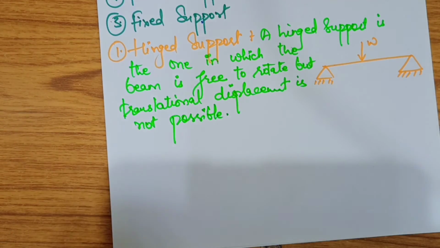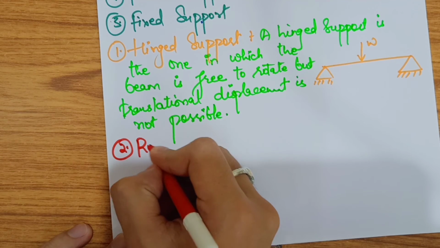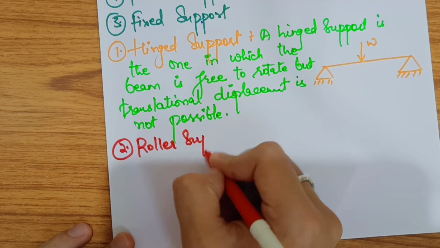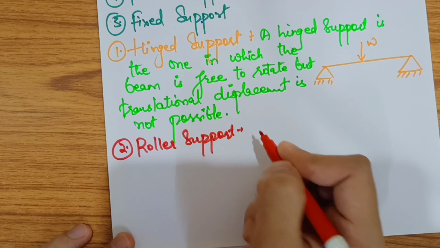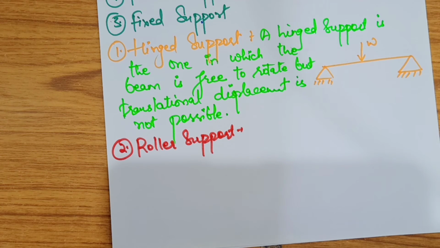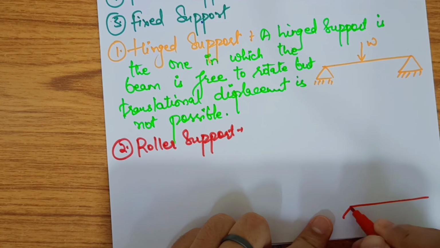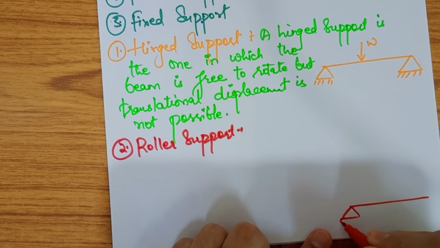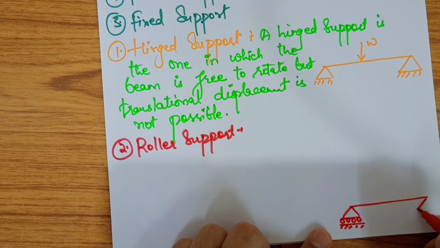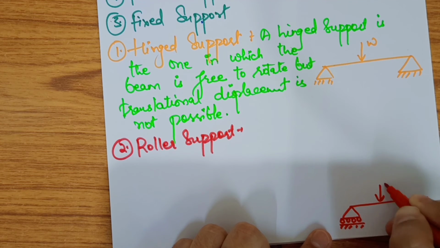The second one is the roller support. If the beam is free to rotate about the hinge and also has translational displacement along the plane of rolling, then the support is known as the roller support. Like this is the roller support I am making. Simply I am applying the load W here.